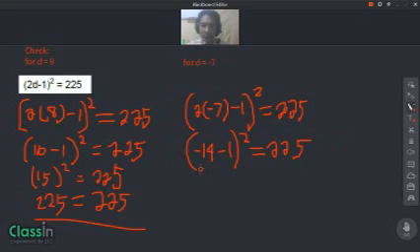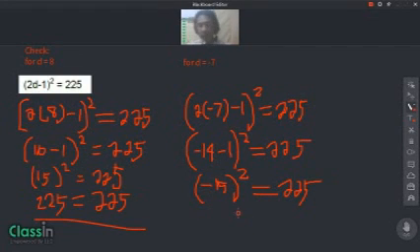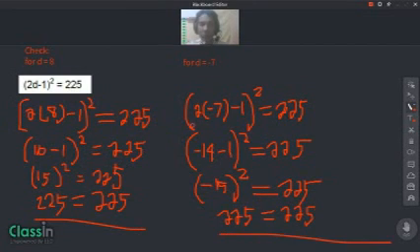So negative 14 minus 1 is negative 15. Squared is 225. So negative 15 times negative 15 is positive 225. Okay, so therefore, the value of d, which is negative 7, satisfies our quadratic equation.